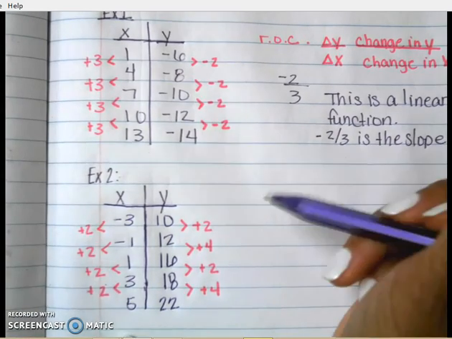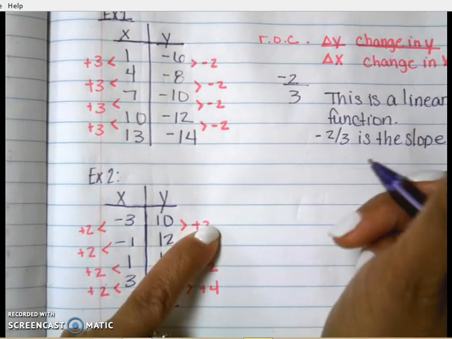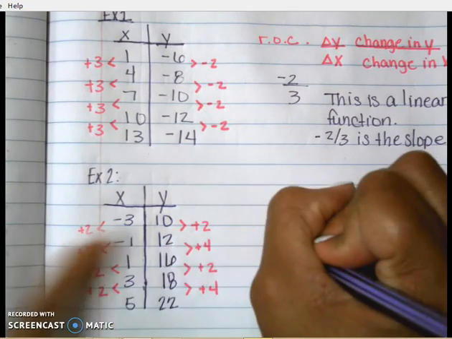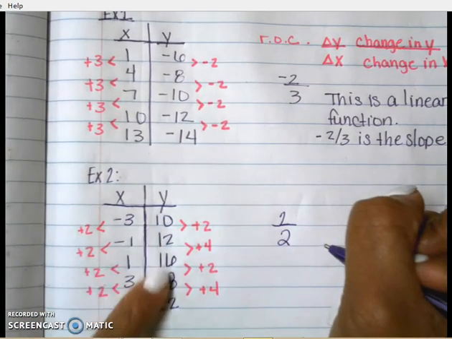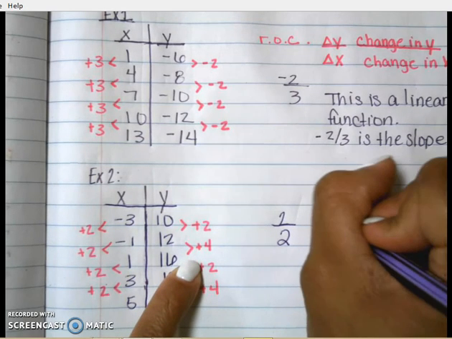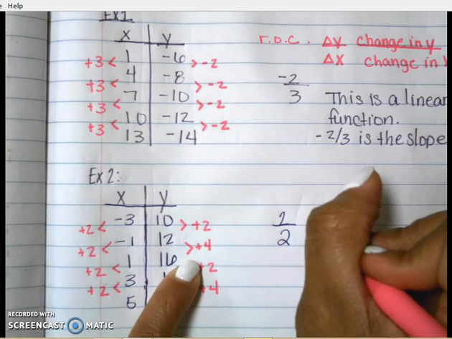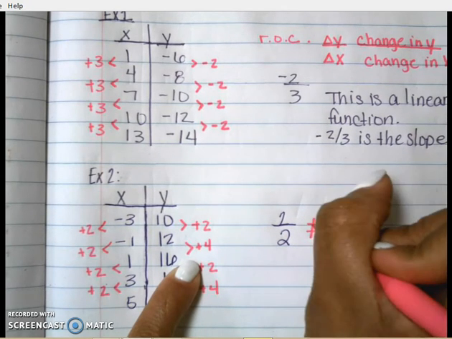Okay, so if I were to make a rate of change, it's my change of y over my change in x. I have 2 over 2 for this set of ordered pairs. But when I go down here, I have 4 over 2. And 2 over 2 does not equal 4 over 2.